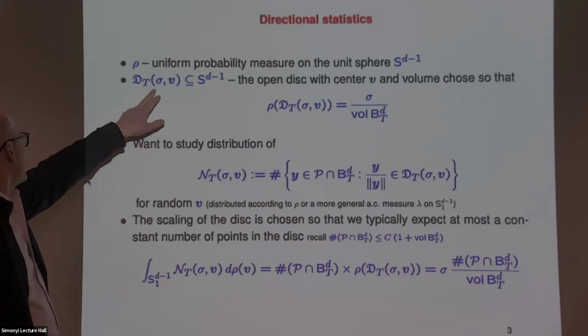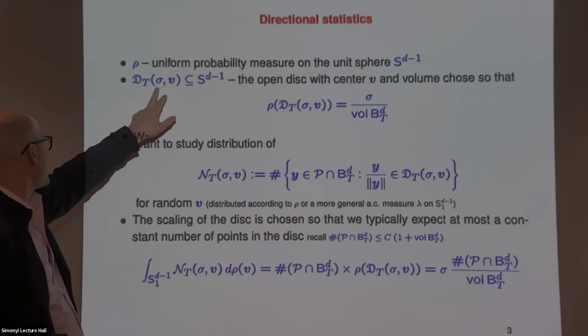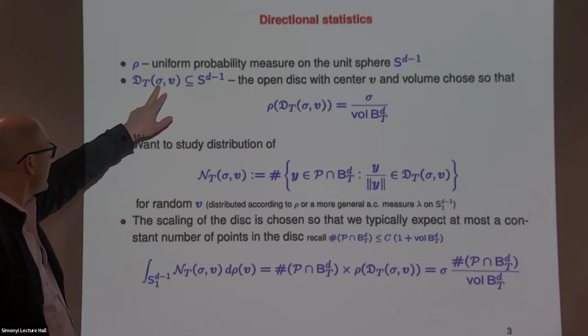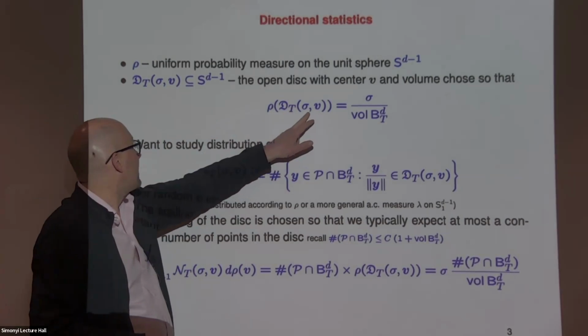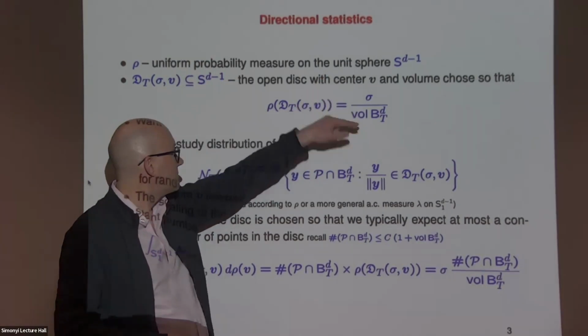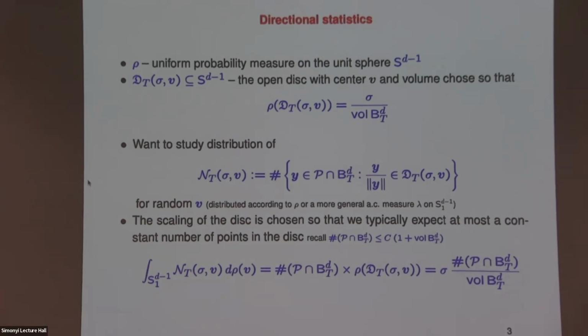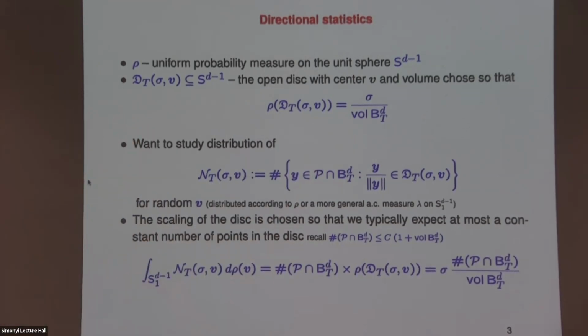I'm going to denote my disk by D_T. It's centered in some direction b, so that's the center, and sigma here is a scaling parameter that's chosen so that the volume of my disk with respect to my natural probability measure is sigma over volume of B_T. The ball has radius T, so volume roughly T to the d, and I normalize by that.